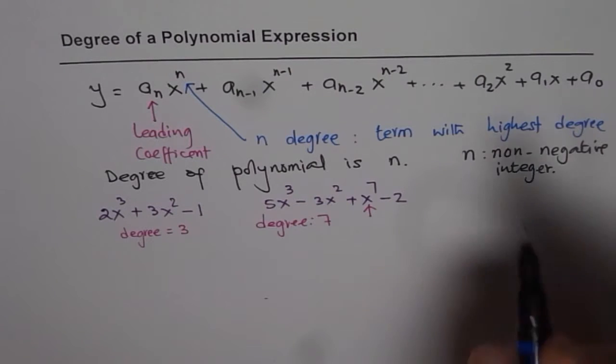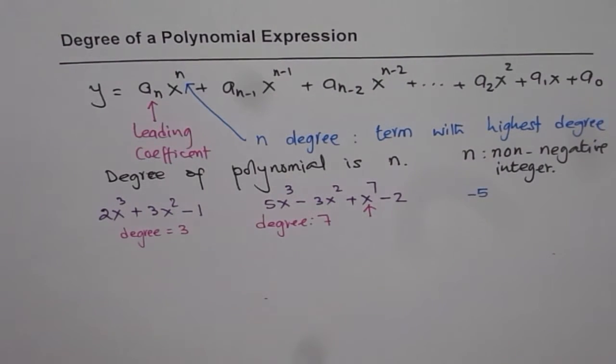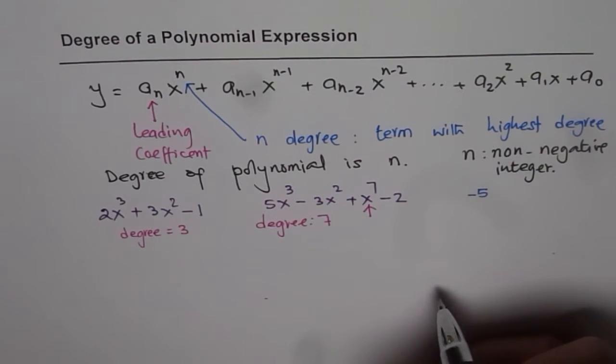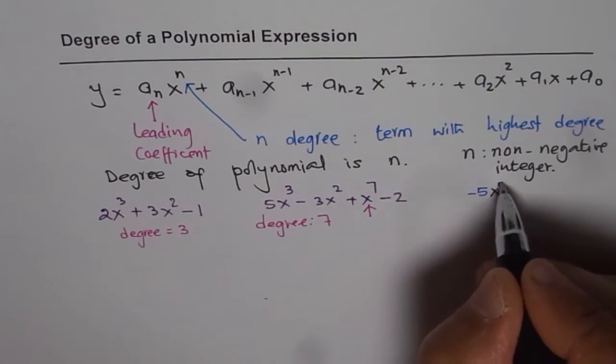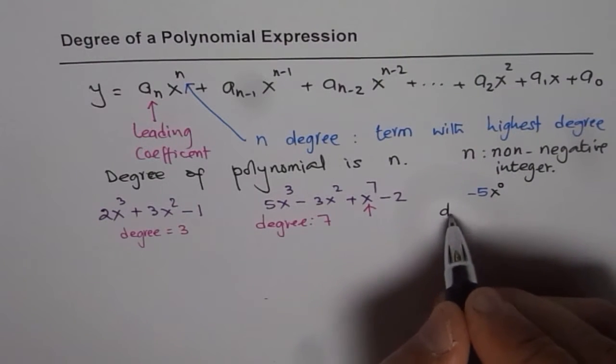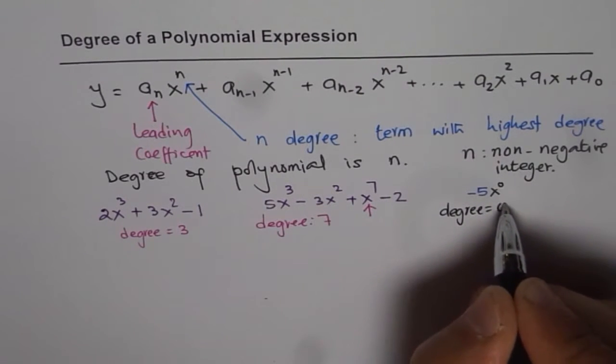Now if I write a polynomial which is just a number, let's say minus 5, what is the degree of that polynomial? Minus 5 is also a polynomial. Think about it as x to the power of 0. So we say in this case the degree is equal to 0, right?